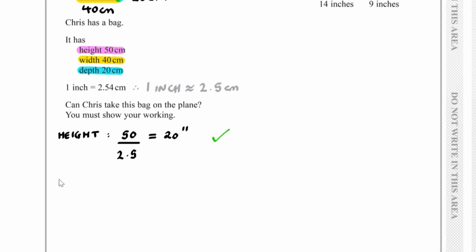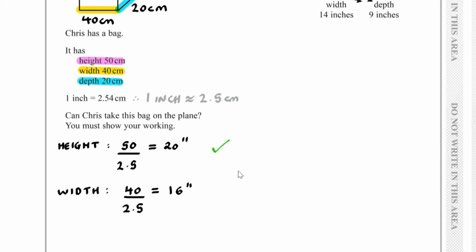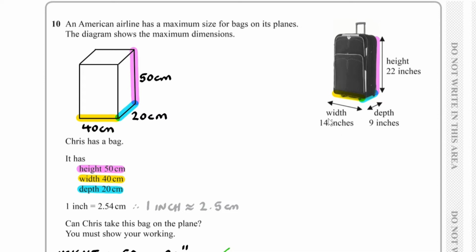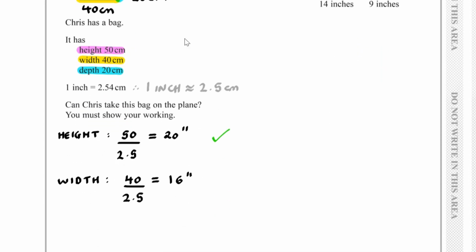If we think about the width, well, the width we have is 40, and if I do 40 divided by 2.5, we get 16 inches. We can have a maximum of 14, so this is too big in the width.